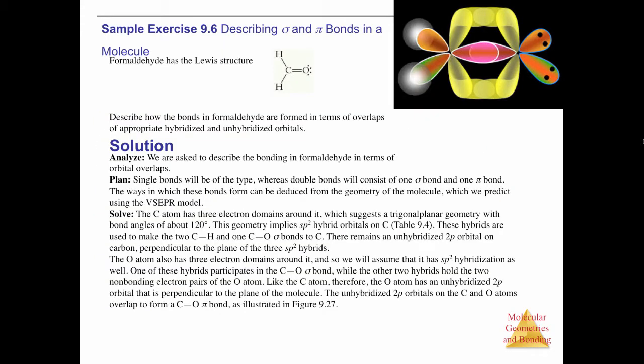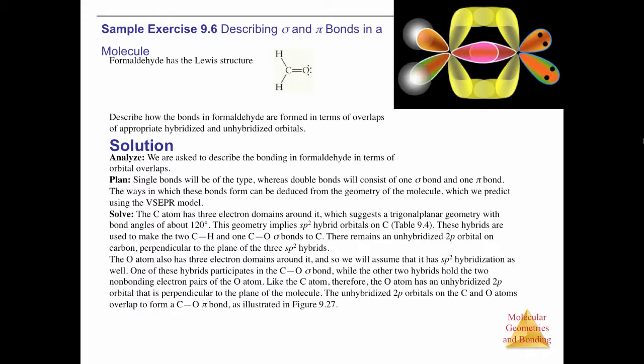Sample exercise 9.6, describing sigma and pi bonds in a molecule. We're going to examine formaldehyde and describe how the bonds in formaldehyde are formed in terms of overlaps of appropriate hybridized and unhybridized orbitals. The carbon atom has 3 electron domains around it, which suggests a trigonal planar geometry with bond angles of around 120 degrees.